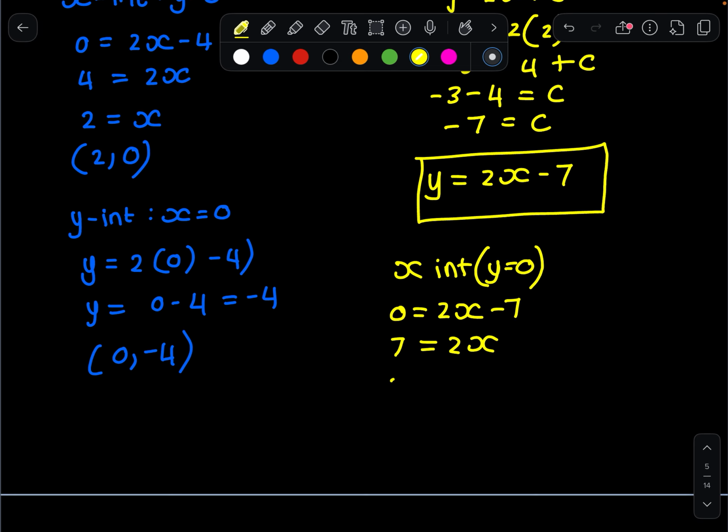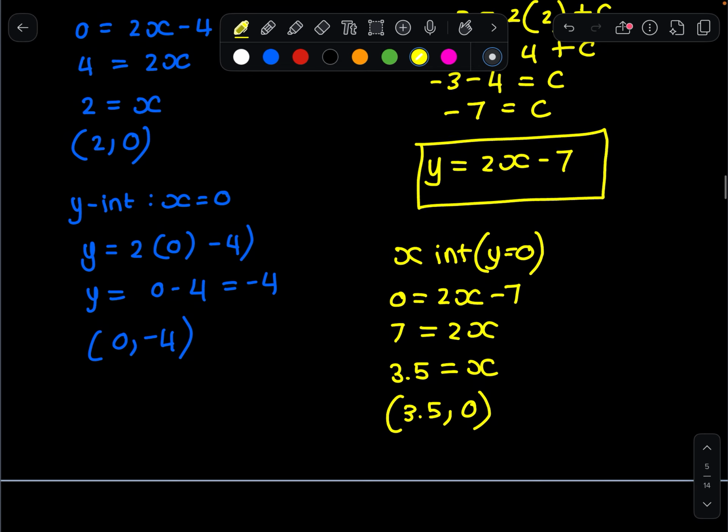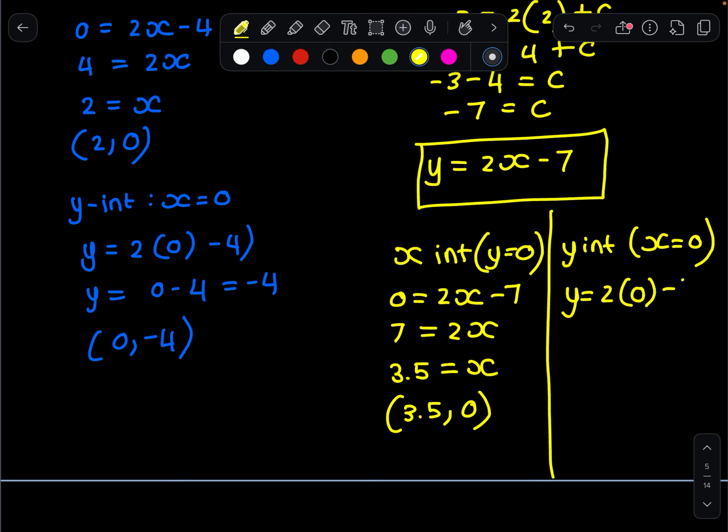So that's going to be 3.5 is equal to x. So we're going to have (3.5, 0). And then our y-intercept is when x is 0. That is going to be 2 times 0 minus 7. So y is going to be minus 7.